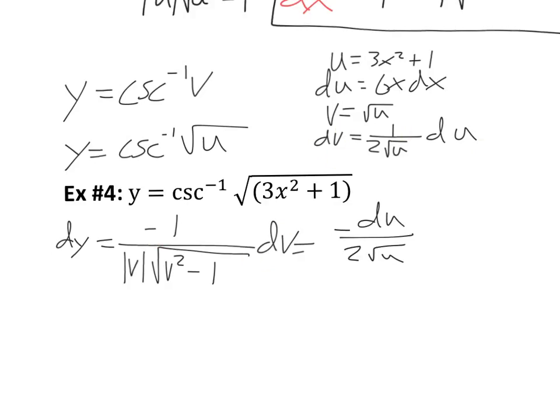Alright, and then on the denominator, I have the absolute value of whatever v is. Well, the absolute value of v is the square root of u. And then I have the square root of v squared. Remember that v is just the square root of u. So if you square the square root of u, you just get a u. And actually, you technically get the absolute value of u. We'll just write u and then -1.